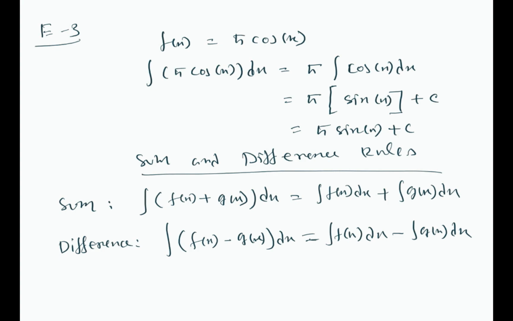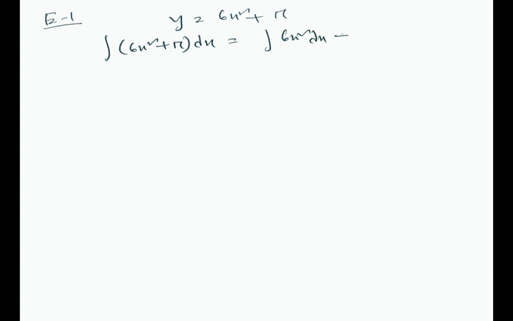So let's do some examples. Example 1. For example 1, we have a function y which is equal to 6x square plus pi. The integral of this function, 6x square plus pi, is equal to the integral of 6x square dx plus the integral of pi dx.